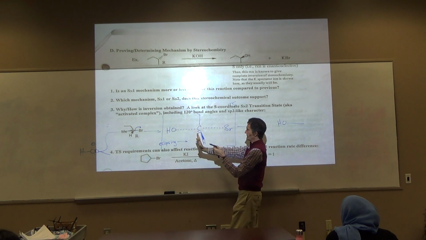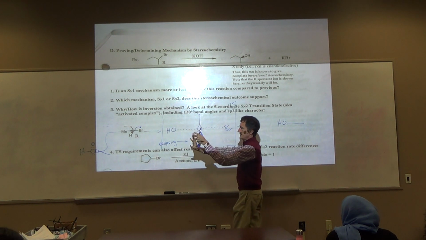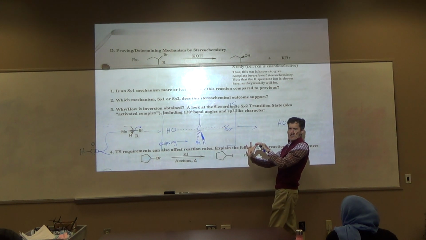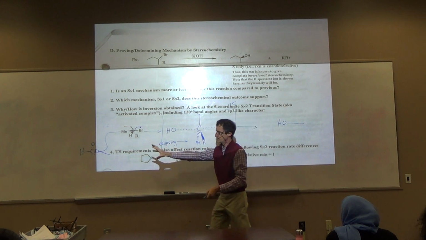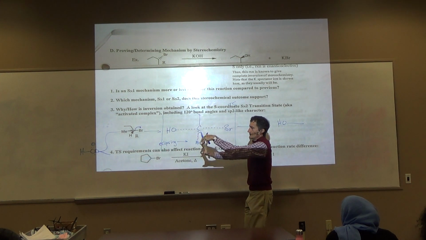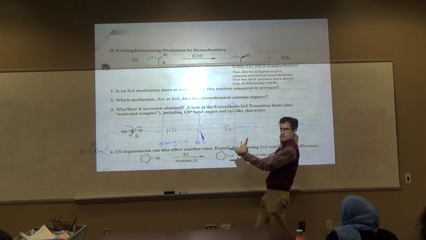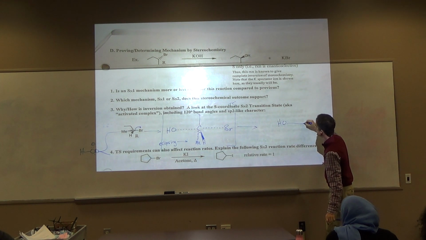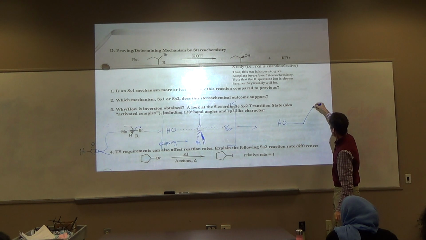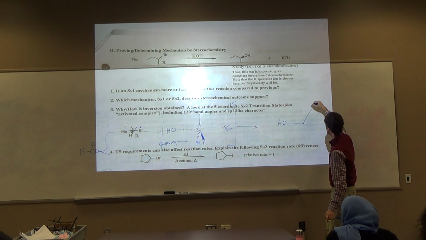But then when this group gets pushed off, these things actually come this way to make room for the new group. So they go from here. See, I can't bend my, it goes to that. And that's the inversion. And so now these groups are like this. And this bond, it doesn't matter how you draw it.